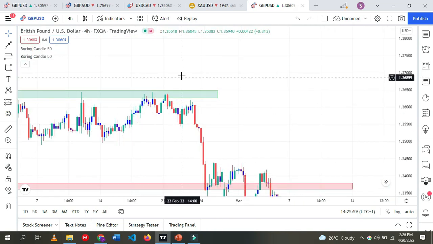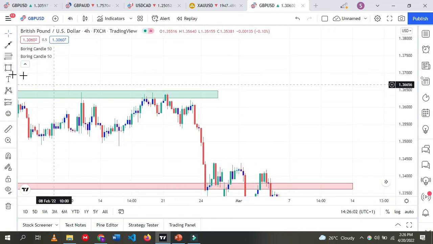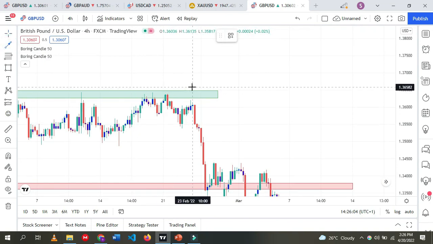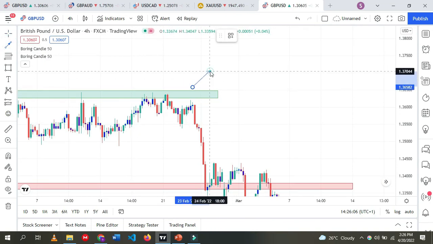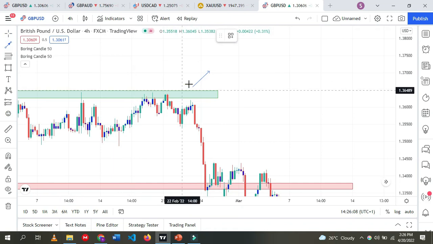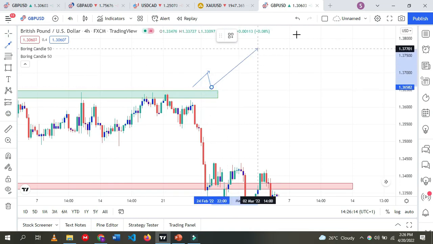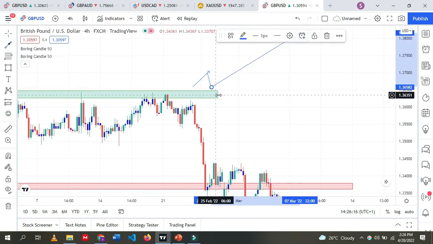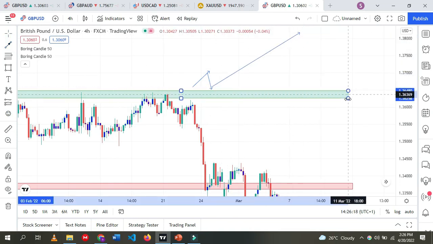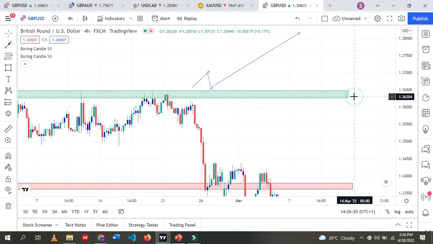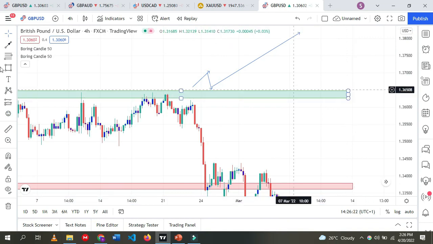It couldn't break this. I didn't mean price broke this level up like this. It will retest it, then go back up. But price couldn't break it. You get that? Price couldn't break it. That makes it a very strong resistance level.